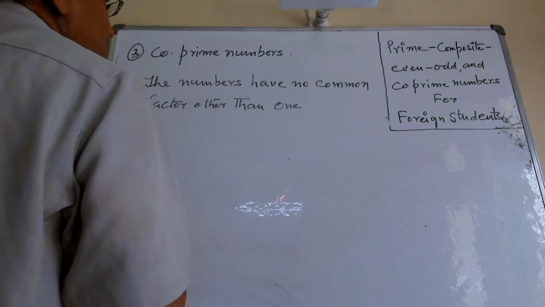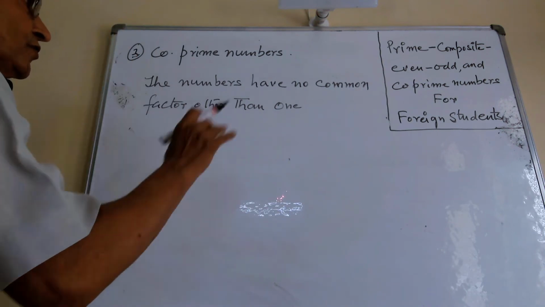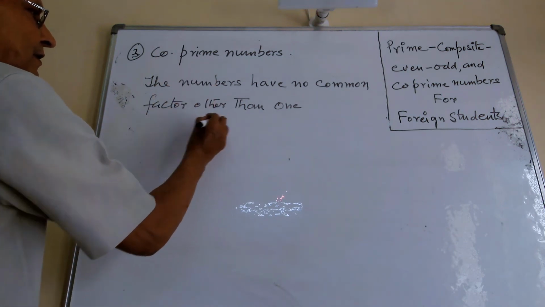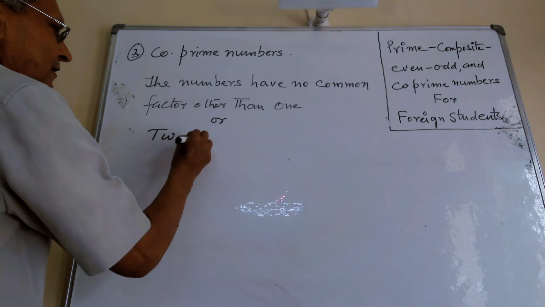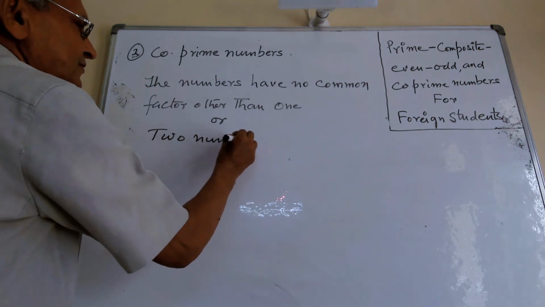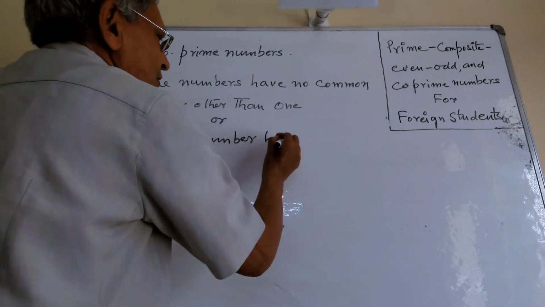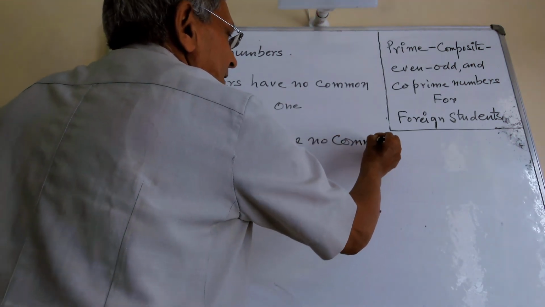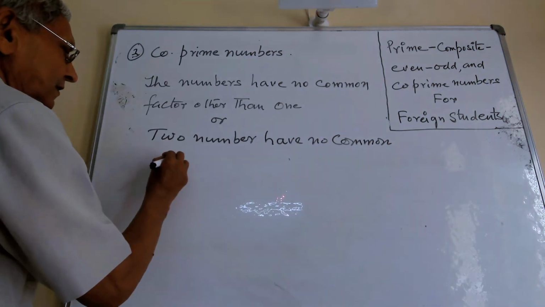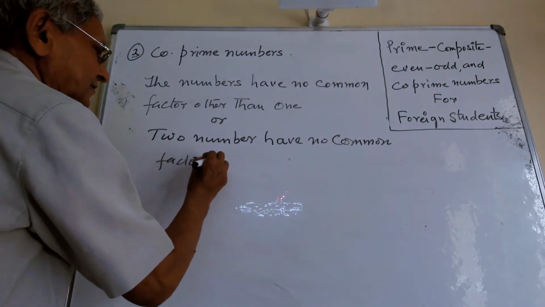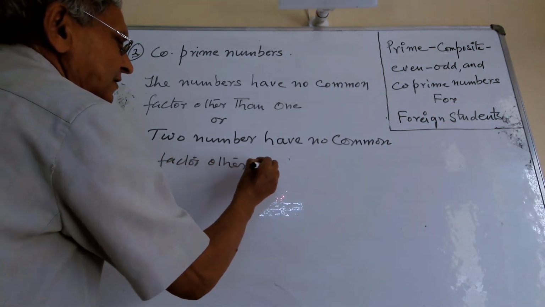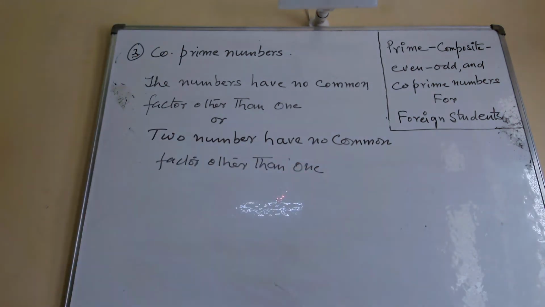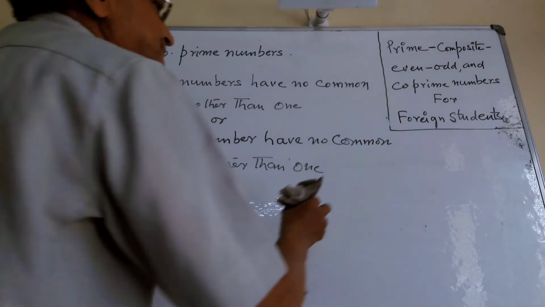So two numbers which have no common factor other than 1 are co-prime. This is also the definition of co-prime number.